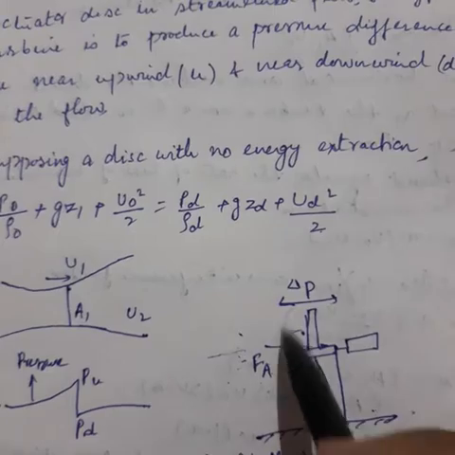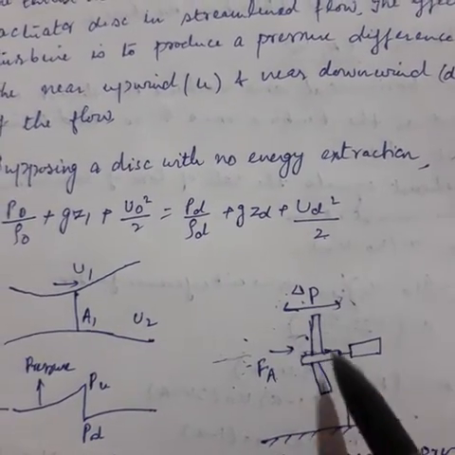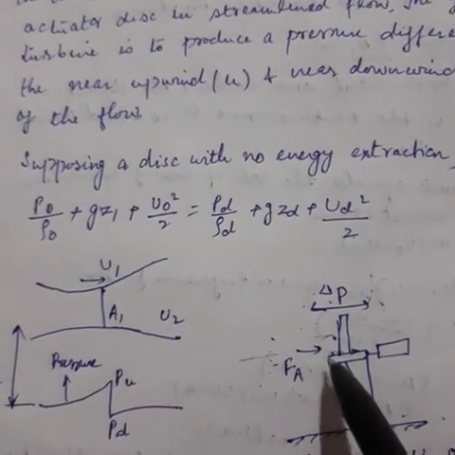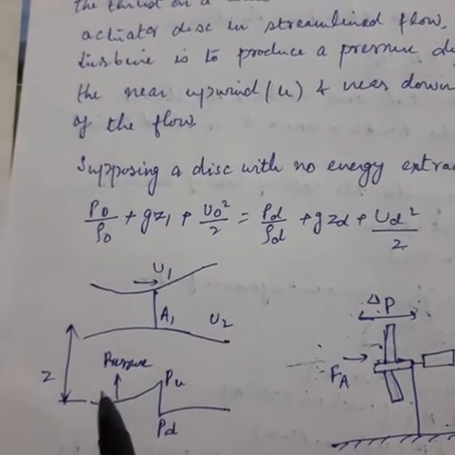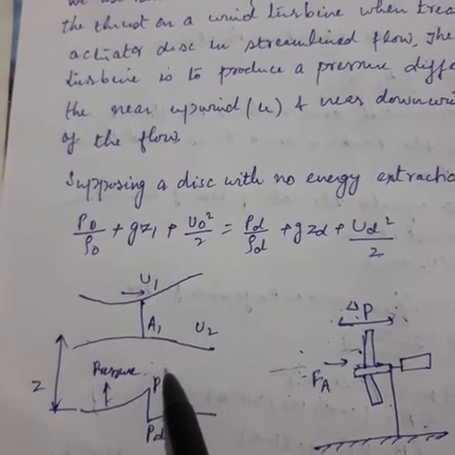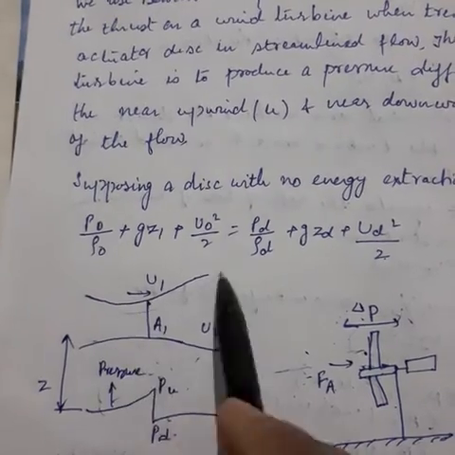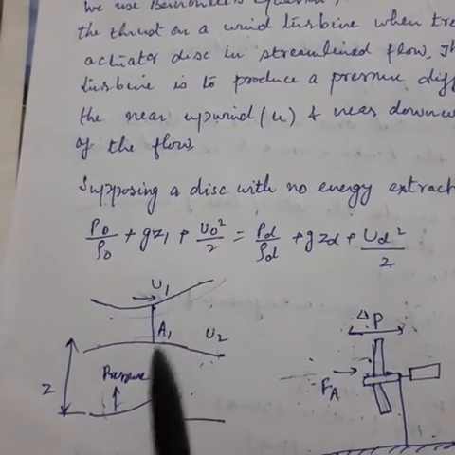Fa is the axial force, which causes the pressure difference between the upwind and downwind sides. Z is the height, Pu is the upwind pressure, Pd is the downwind pressure, and this is the aerofoil aerodynamic structure.